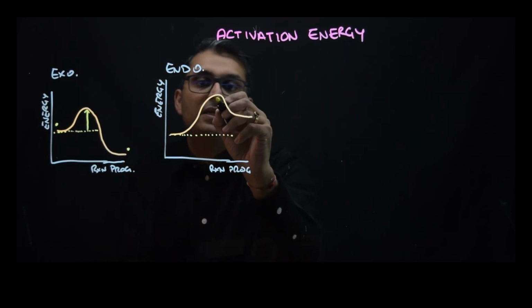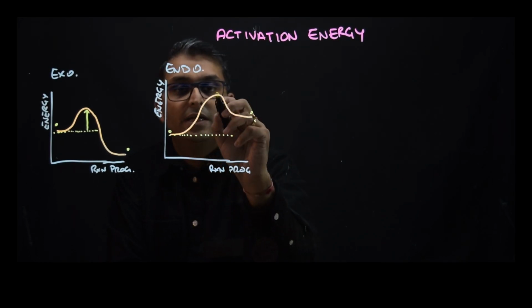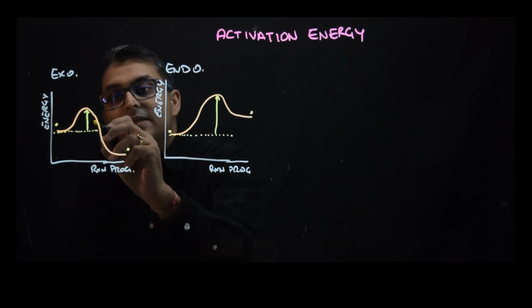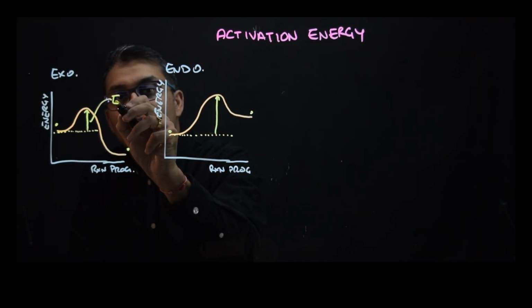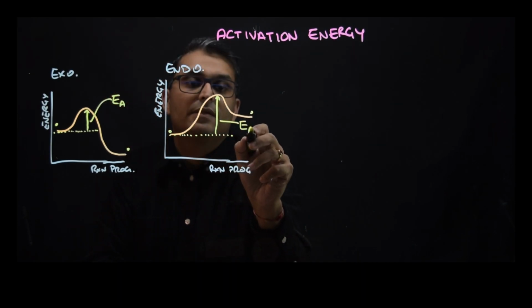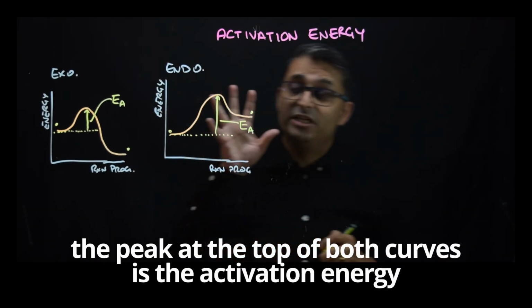And the same thing for this reaction. To go from the start here to the end here, you need to get over this high point here. And this is your activation energy. That peak at the top, that is your activation energy.